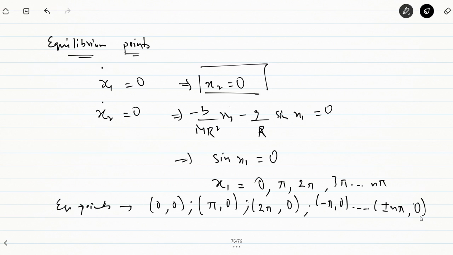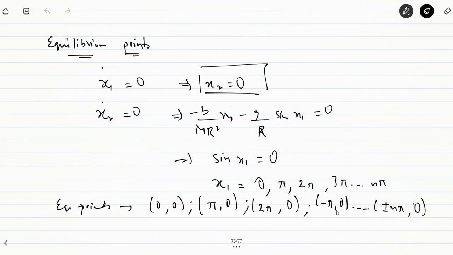So for this pendulum, you have an infinite number of equilibrium points, and you have to verify for each and every equilibrium point whether it is stable or unstable. Accordingly you can also decide for different initial conditions whether the system is stable or not. When you actually look at the pendulum, there might be some initial condition from which the system will behave unstably, and that does not happen for a linear system.